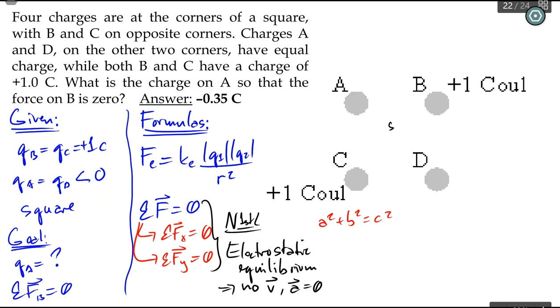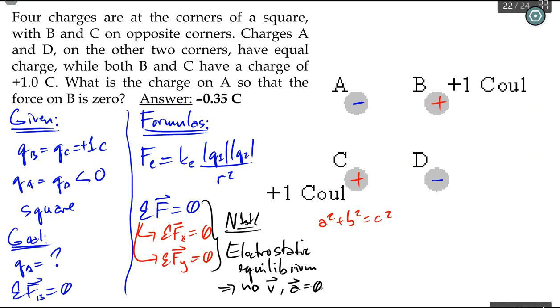I'm going to use black. So we know the charges here are positive, positive, and by consequence, these charges on A and D, since they're equal, should be negative.